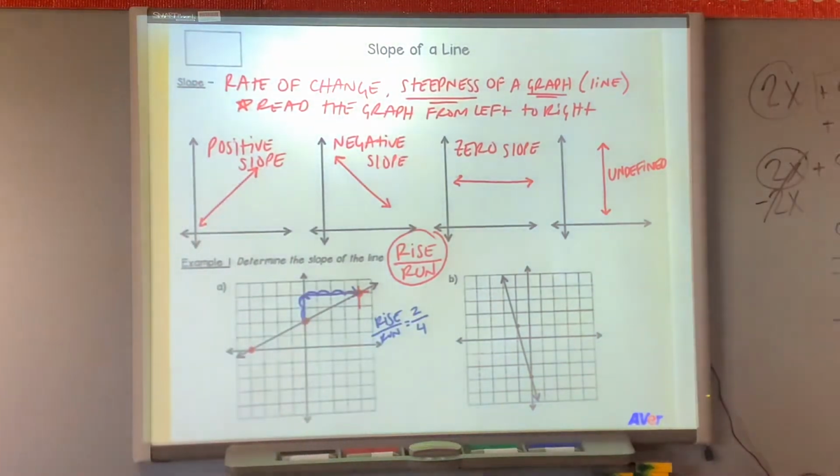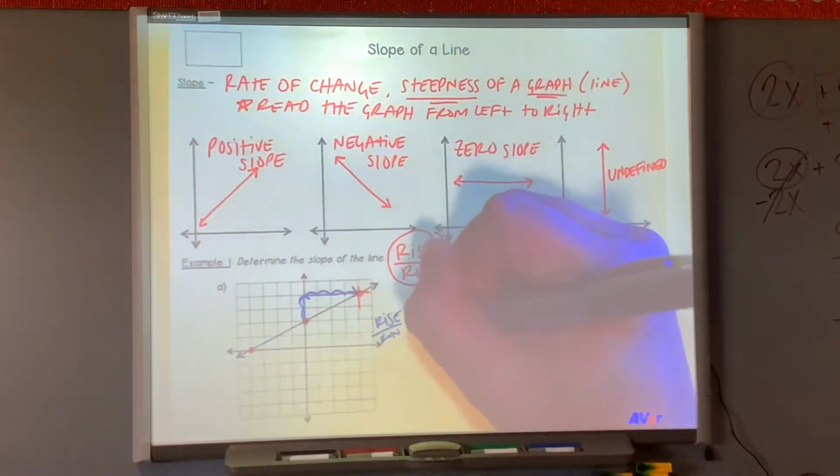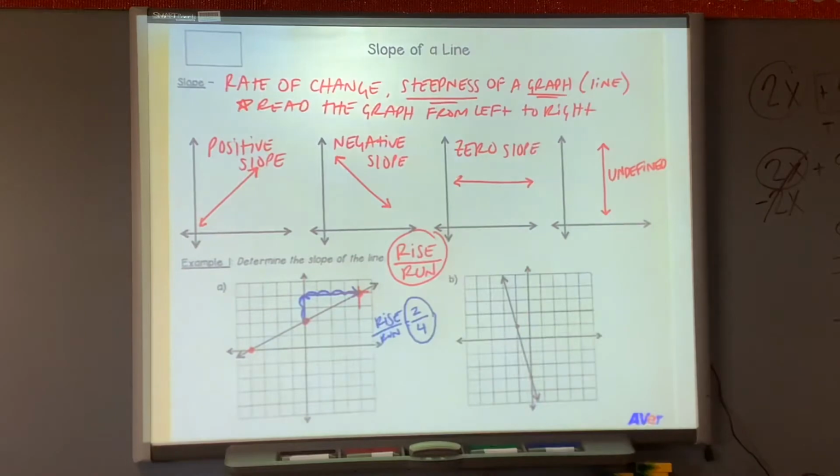However, what I need you guys to get in the habit of is reducing this fraction, not to decimal form, just reducing. 2 over 4 does create 1/2 in the calculator. If I were calculating this, give me just a second.